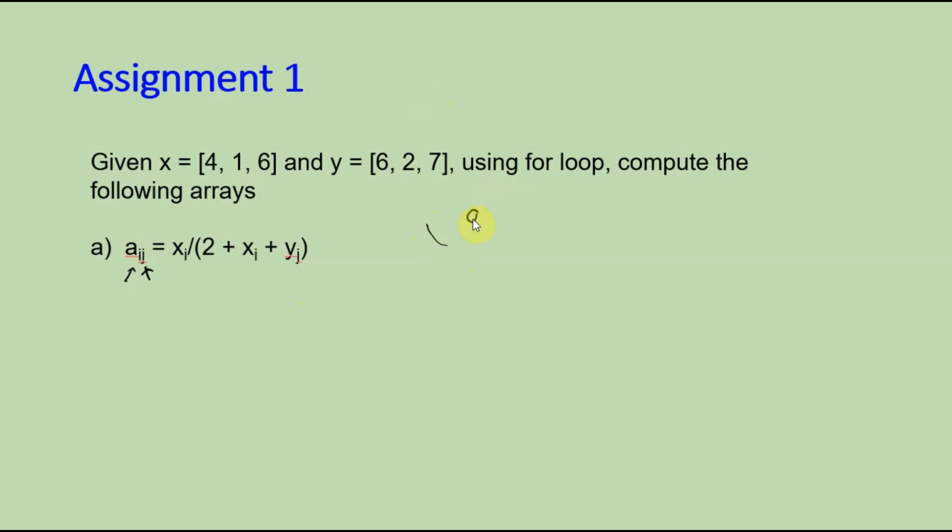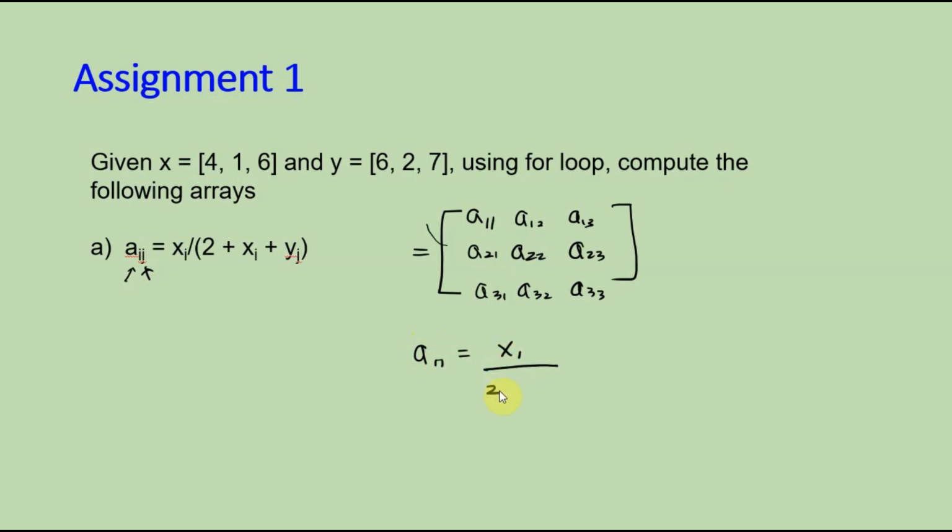So for example, if you try to make a 3 by 3, this is A11, A12, A13, A21, A22, A23, A31, A32, A33. So A11 is equal to x1 divided by 2 plus x1 plus y1, because here I just follow this ij.